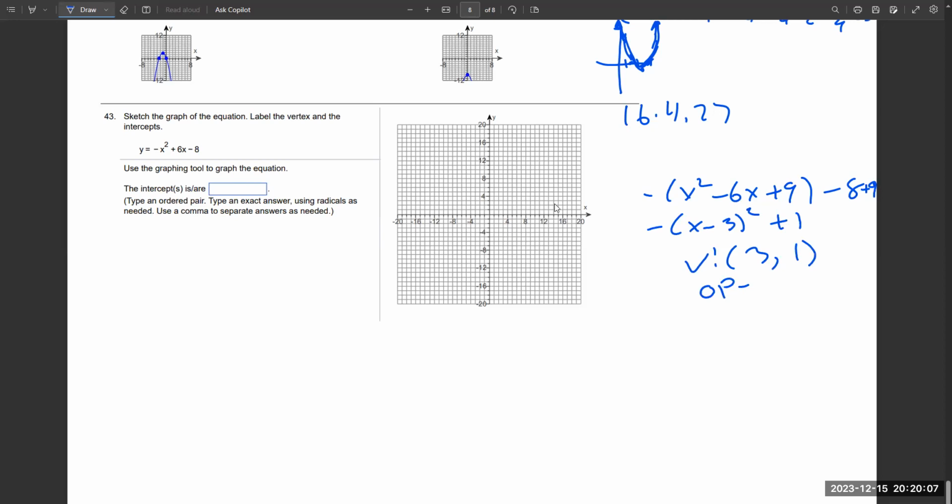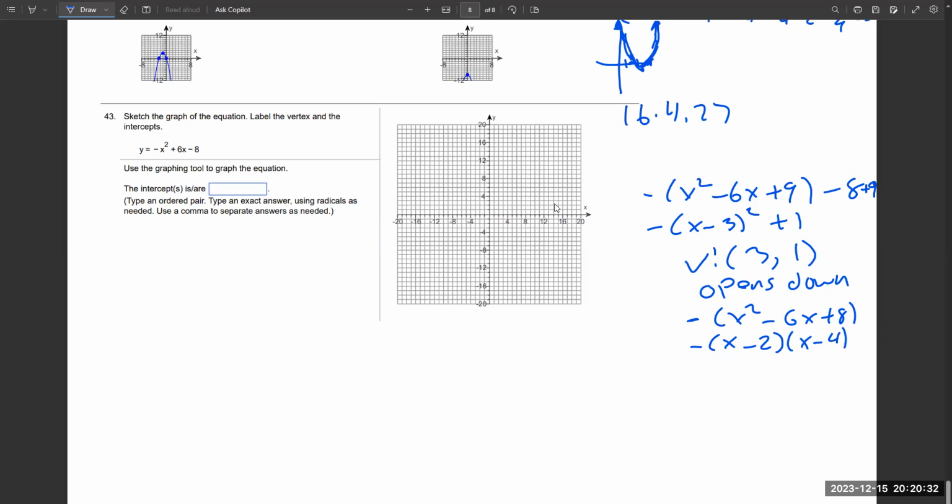This one opens down. Let's try and look at its factors if we can. Factors of 8 that add up to be negative 6 are going to be negative 2 and negative 4.